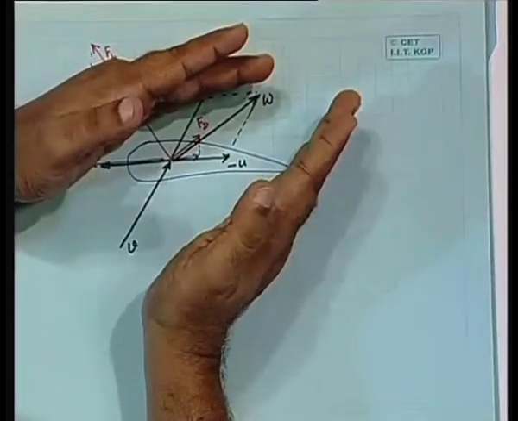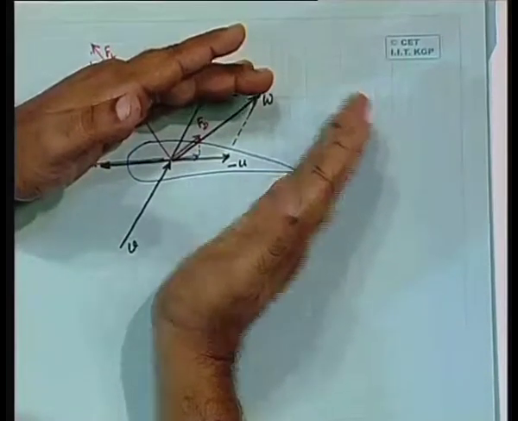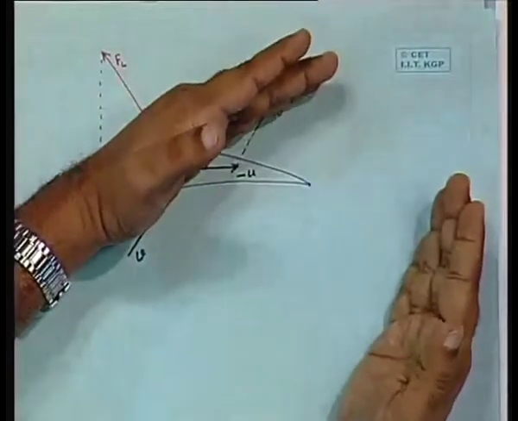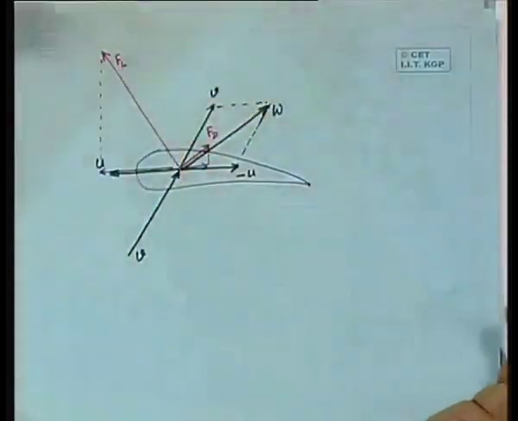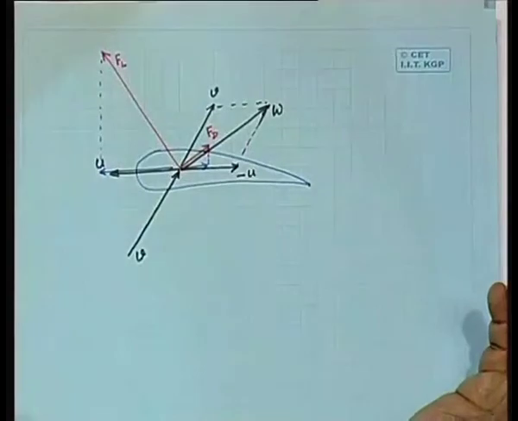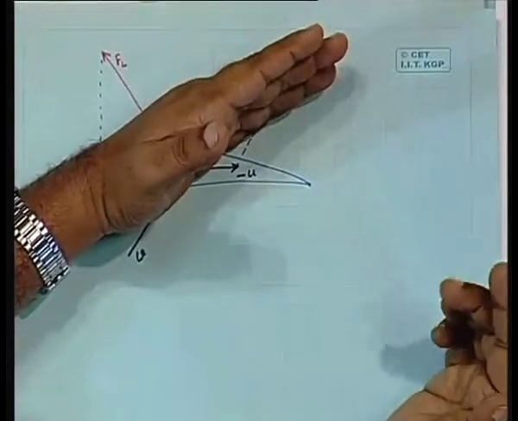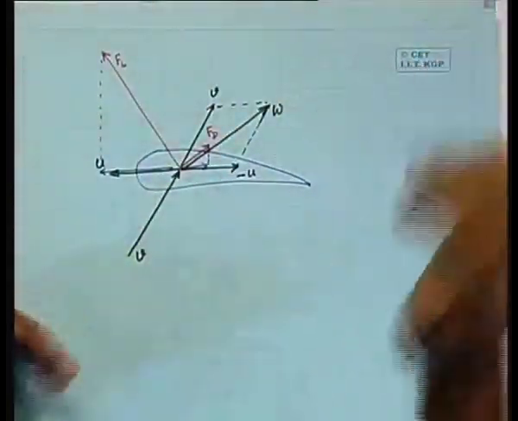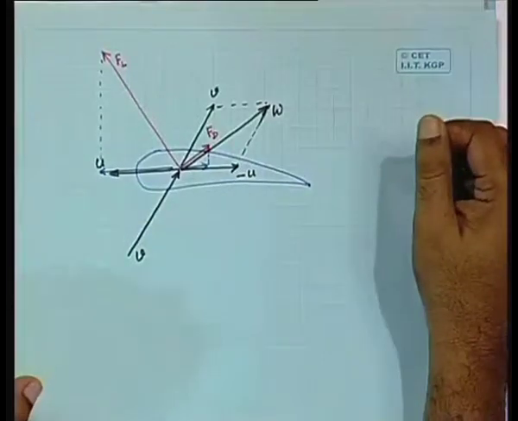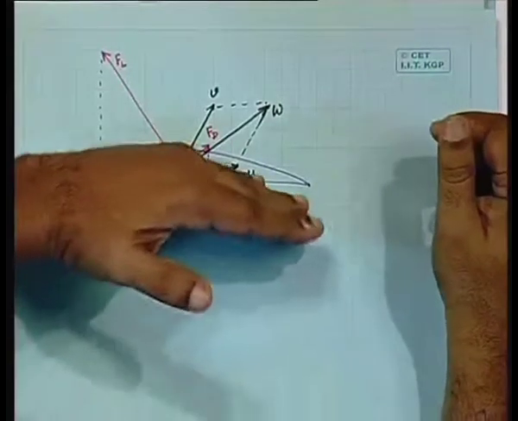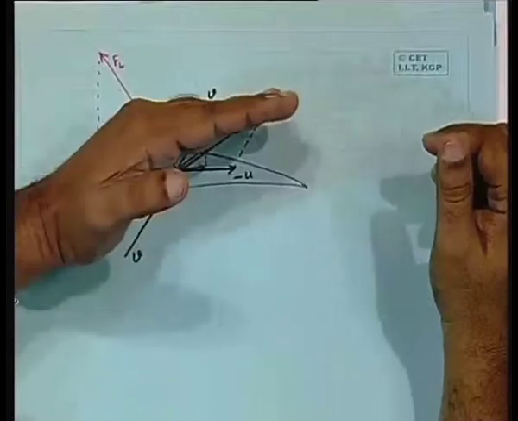So in order to reduce that drag, what do you have to do? You have to orient it along the direction of the relative wind. That's the most natural thing to do. Now the relative wind changes from the inside to the tip of the blade. The direction changes, and so you will need to change the angle from the inside to the tip of the blade. It means that it will have a twist.